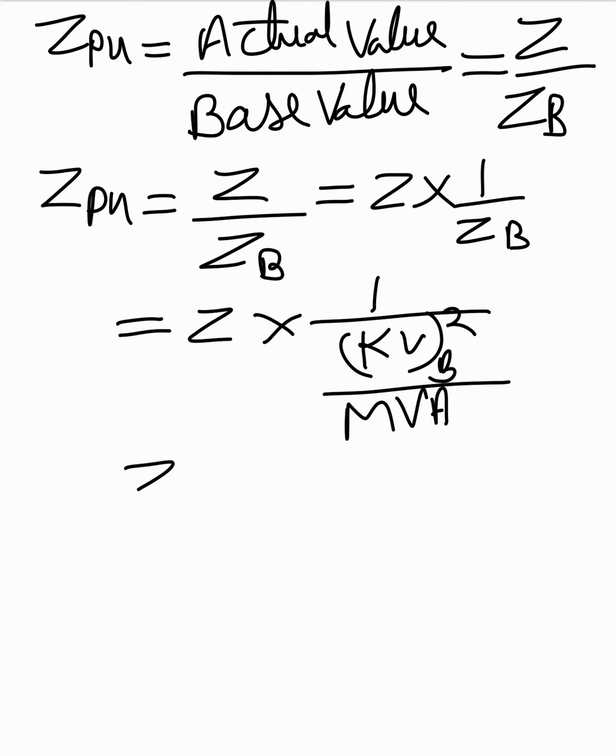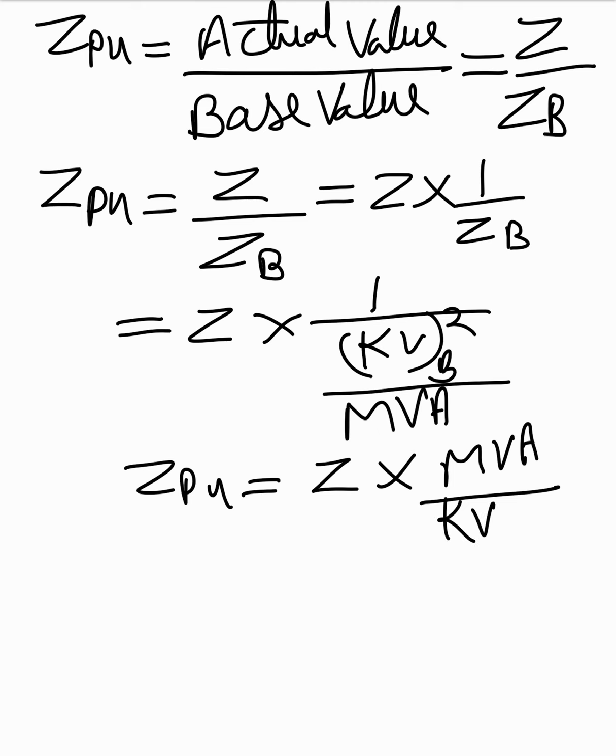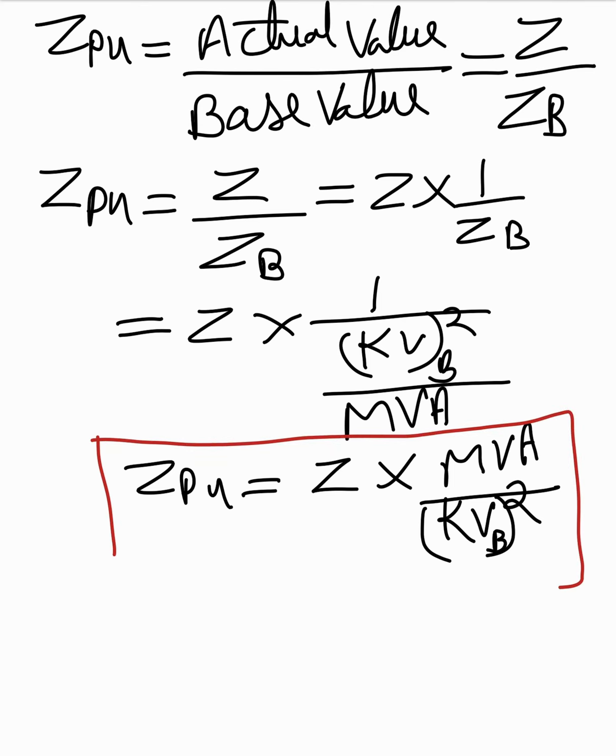So Z per unit is equal to Z into MVA upon KV base whole square. So that is the very important formula for calculating the Z per unit. Okay, this one is the very important formula.